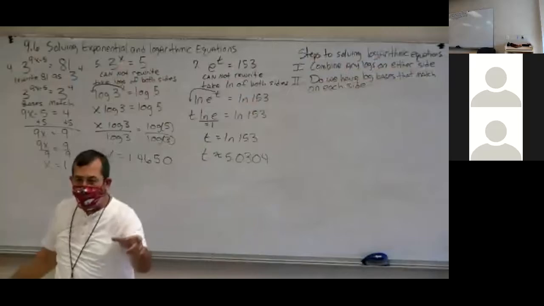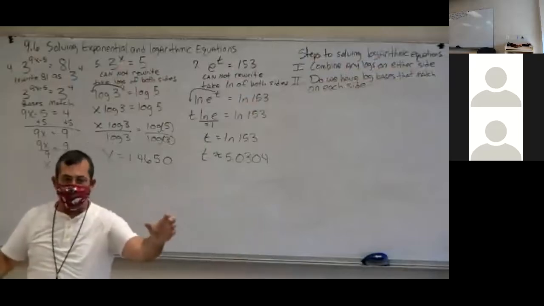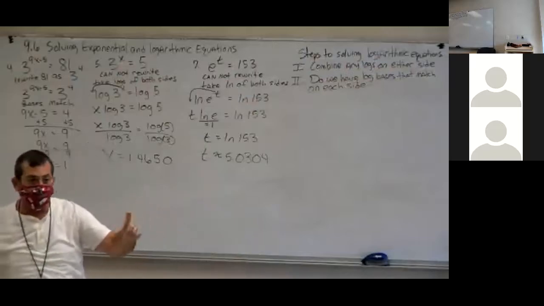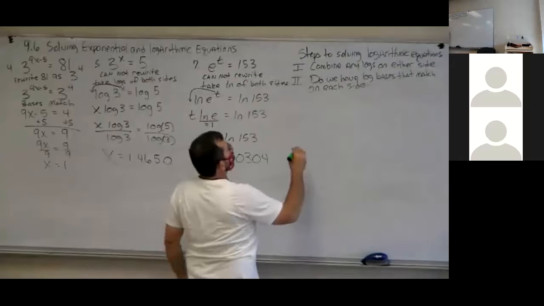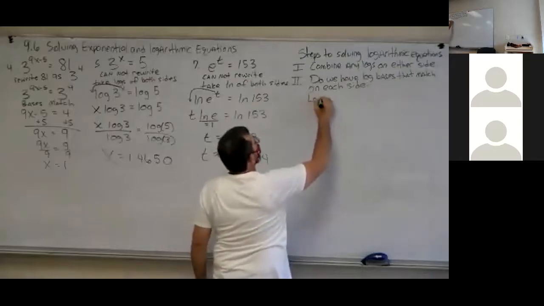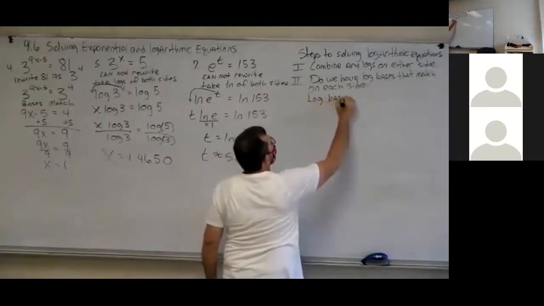If I have log bases like a log of 2 on one side equals a log 2 or something on the other side, then I'll use what we call the log base property.